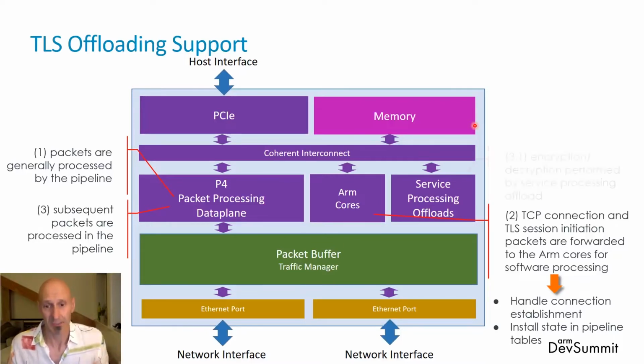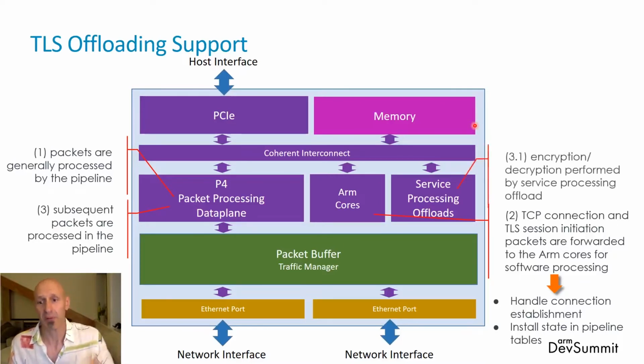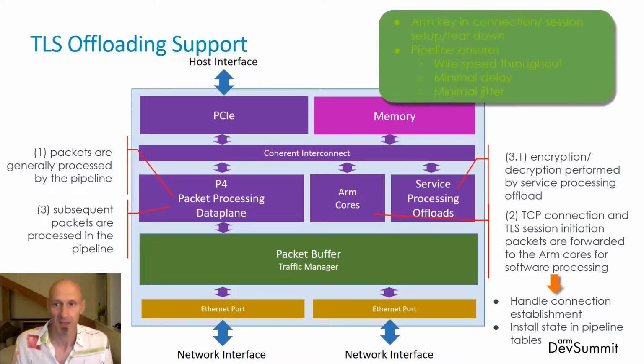Packets are processed in the pipeline, but since they need to be encrypted and decrypted, encryption and decryption is performed in a service processing offload that has higher performance and is specialized to perform encryption and decryption.